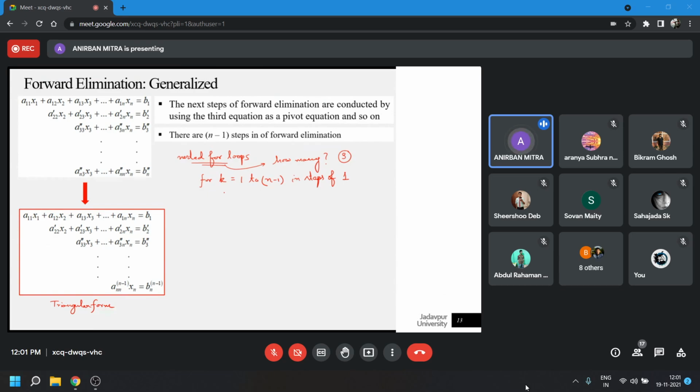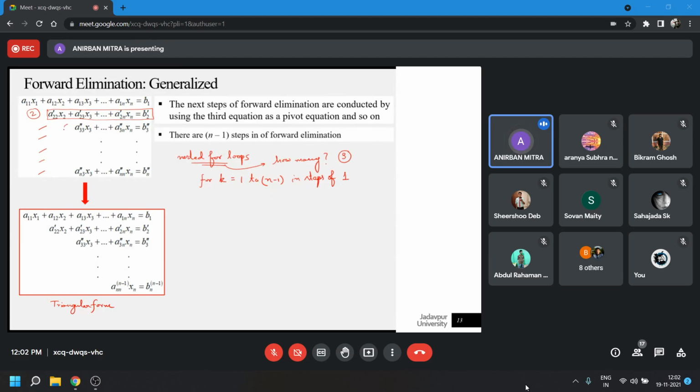Then in each forward elimination step, you will have to change the equations also, because let's say we consider this as the pivot equation. So that means this is the second step of forward elimination. At this step, you will have to modify all these equations that are present here.